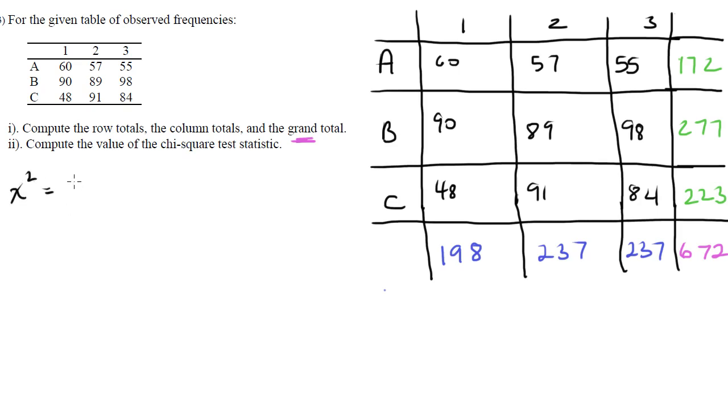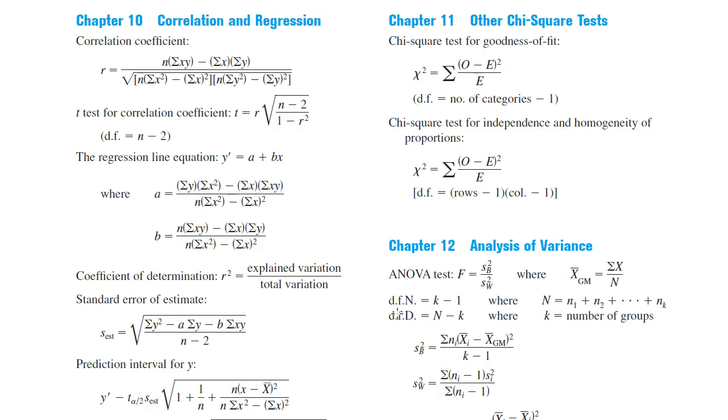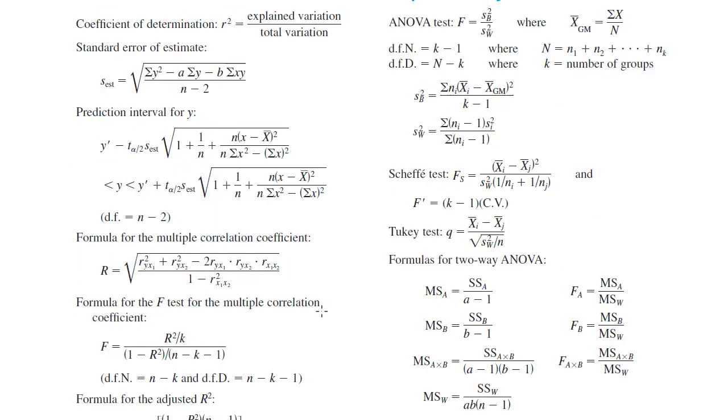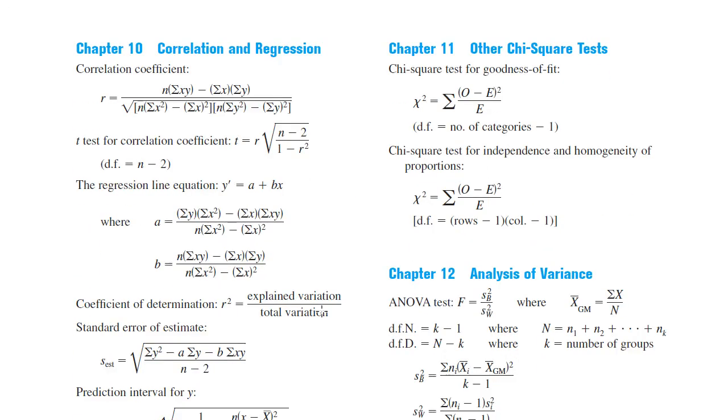Chi-squared equals the sum of the observed minus the expected squared divided by the expected. But see, I only have the observed frequencies here. I don't have any expected frequencies. And the table doesn't give me a formula for it, does it? Nope. So I'm just going to have to tell you this formula.